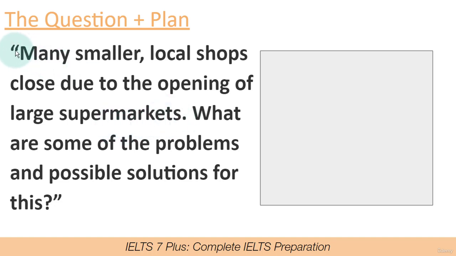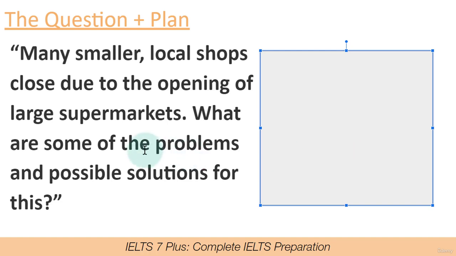So I'm just beginning to think about some ideas for this. Many smaller local shops close because large supermarkets open. Now, a lot of us may have seen this in our hometowns or places that we have lived, and there are definitely a few problems related to this. Quite an interesting question, I think.